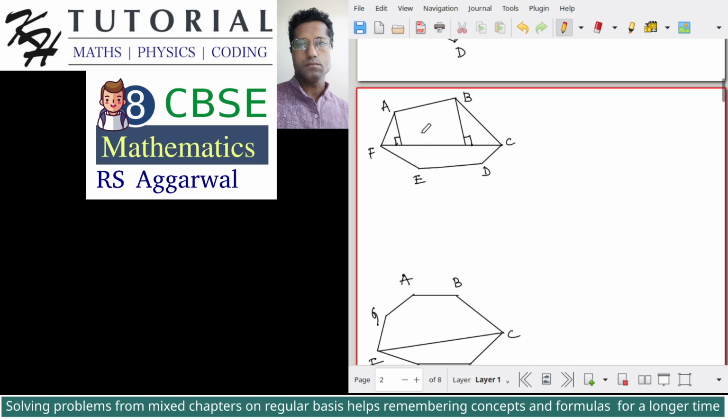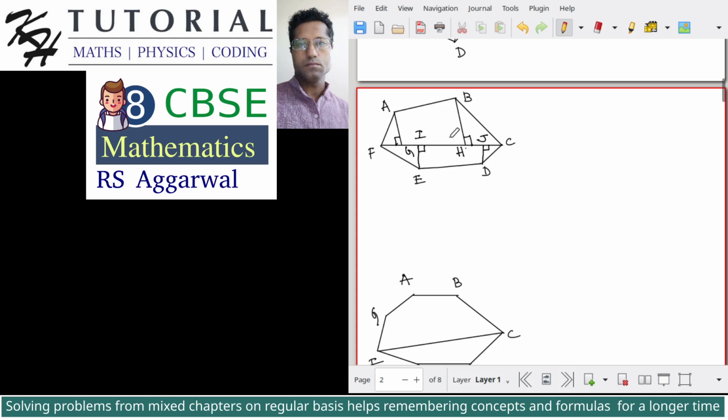And let's say AG is perpendicular to FC, BH is perpendicular to FC, EI is also perpendicular to FC, and DJ is perpendicular to FC. So we can see that above the diagonal FC we have two triangles and one trapezium.